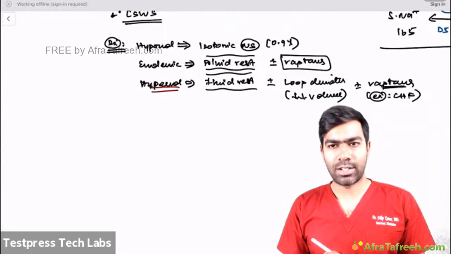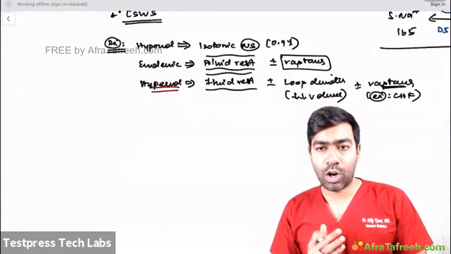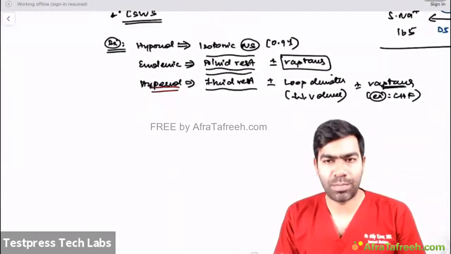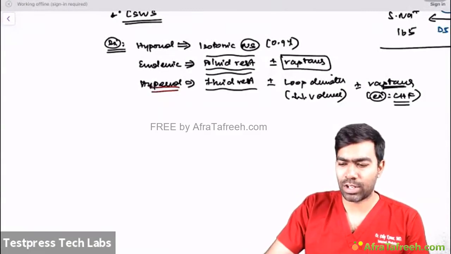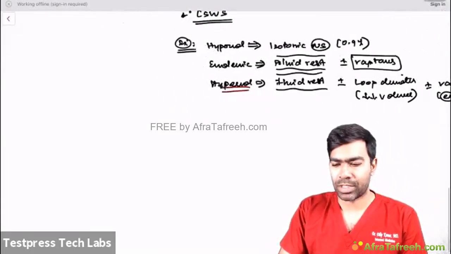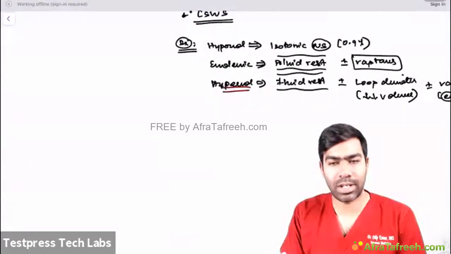So we don't use that in cirrhosis. We use it in CHF. Even Vaptans are indicated in ADPKD, autosomal dominant polycystic kidney disease, but not in cirrhosis. Nephrotic syndrome, not much. CHF is the best example where you can use Vaptans if there is hyponatremia. So these are the best options that you can use as far as hyponatremia is concerned.